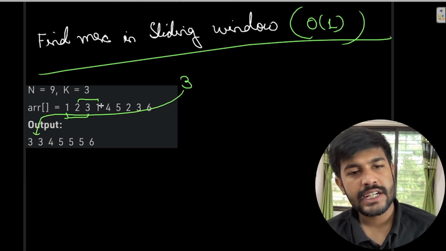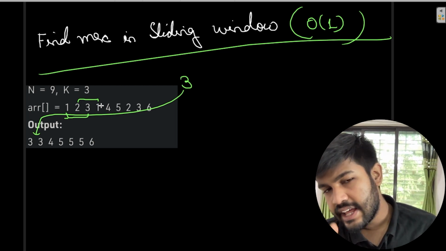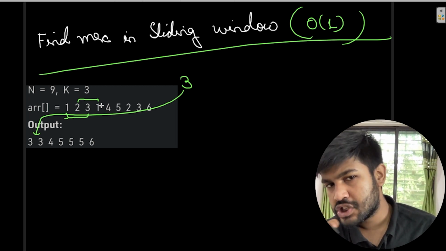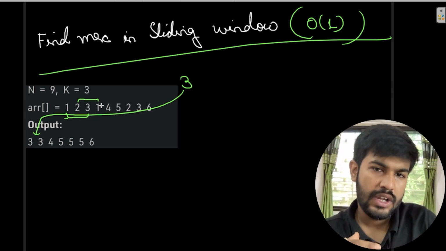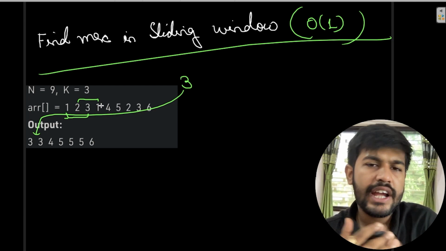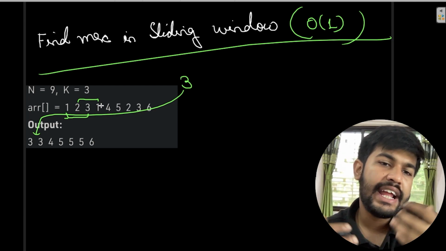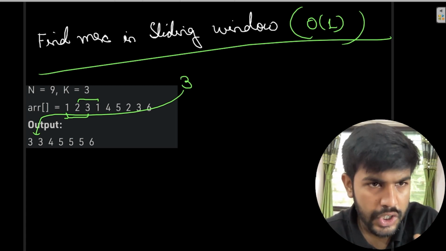Then we have the next element, that is 1. First we would check whether the element in the data structure X is outside the window or not. Now how would we know that 3 is outside or not? We can store the indices to know if that element is out of this range or not.